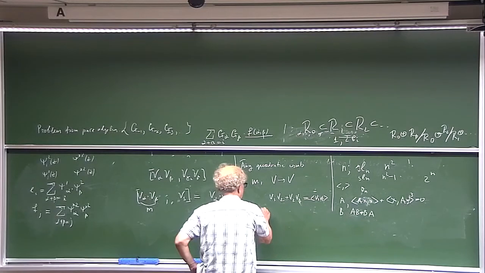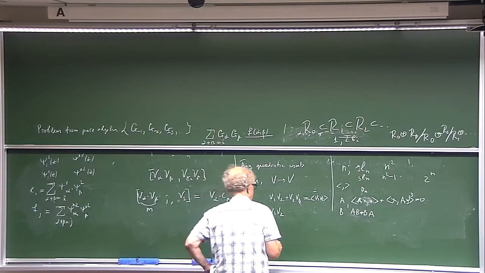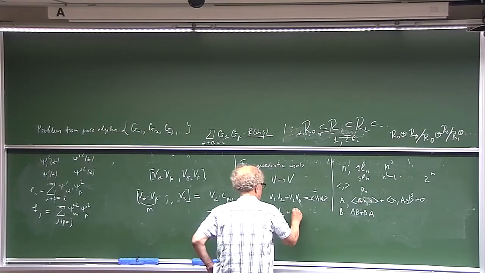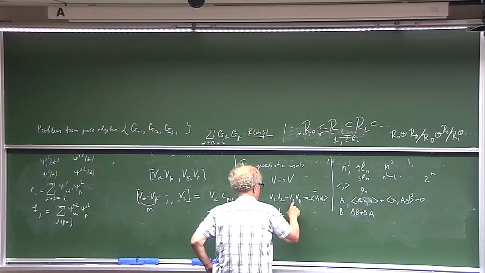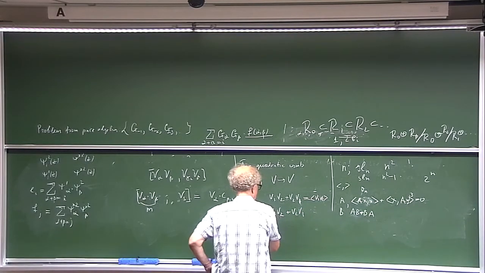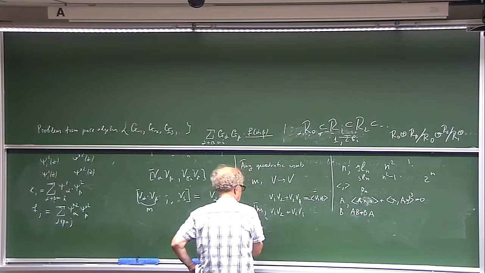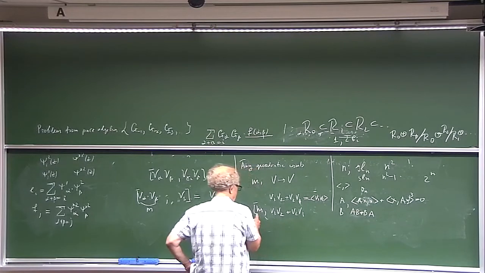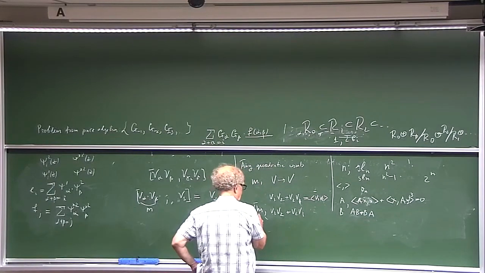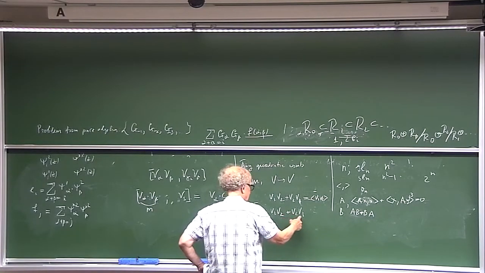So if I take M applied to v1, v2 plus v2, v1, by the Leibniz rule I apply M to this, then apply to this, plus this, plus this.